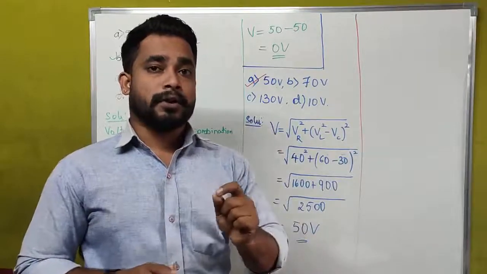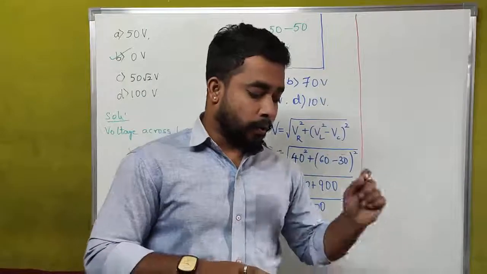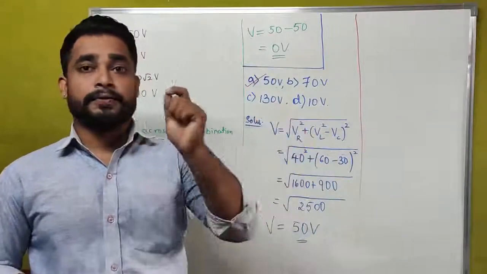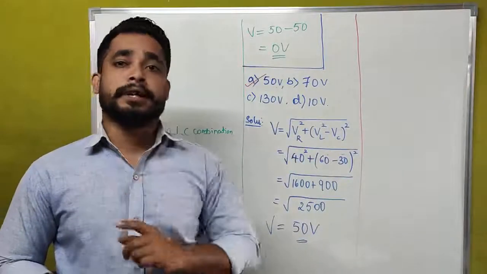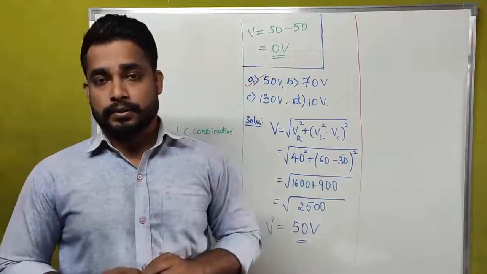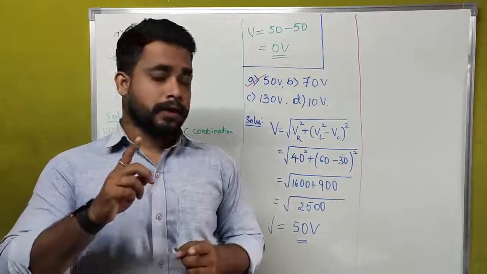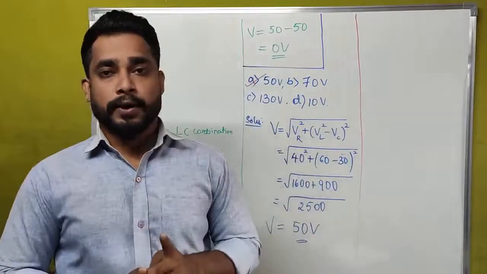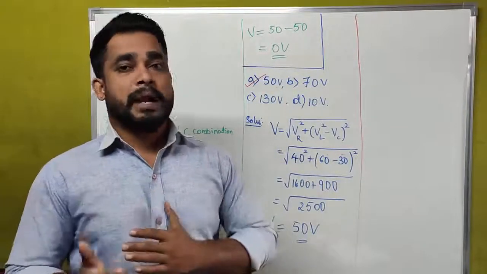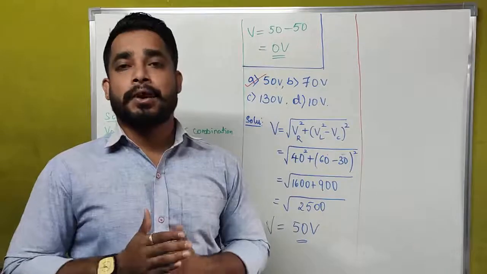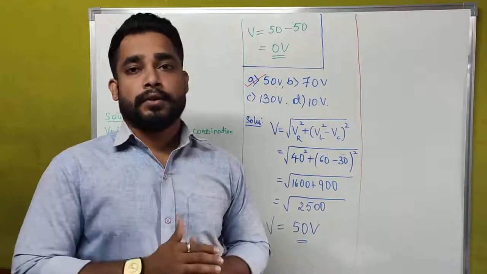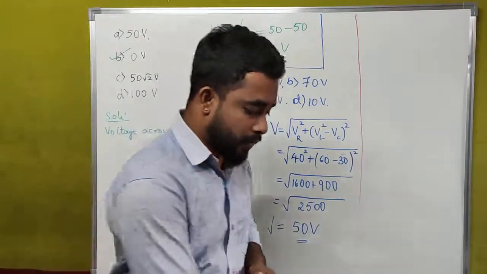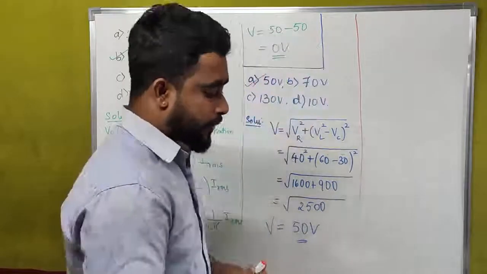For the inductance of 0.5 Henry and the capacitance of 8 microfarad only, it is becoming maximum current. Then what is the value of angular resonant frequency? That we should find out. What are the options for this question?